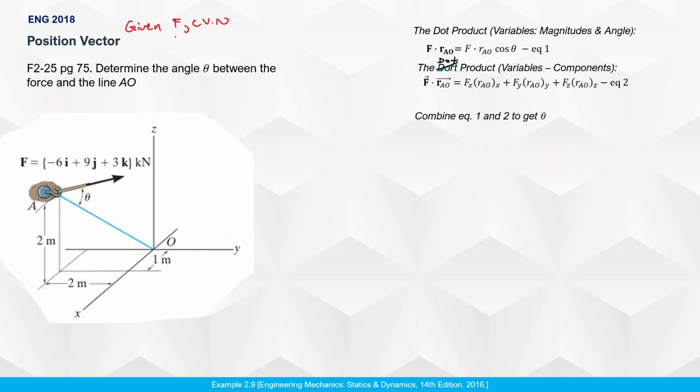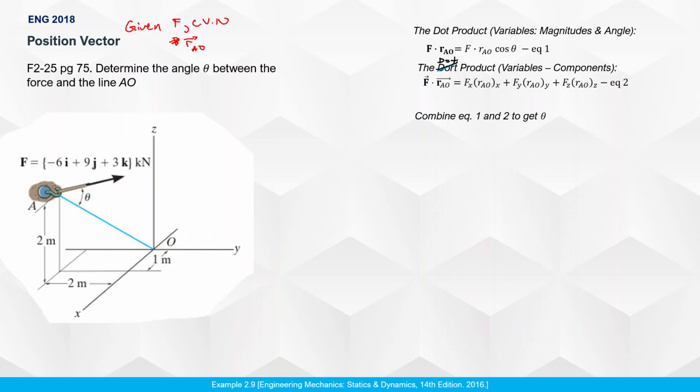So meron tayong force and then meron rin tayong position vector. In this case, let's call it position vector AO. Okay? And nakasulat dito yung reference length from its respective axis.